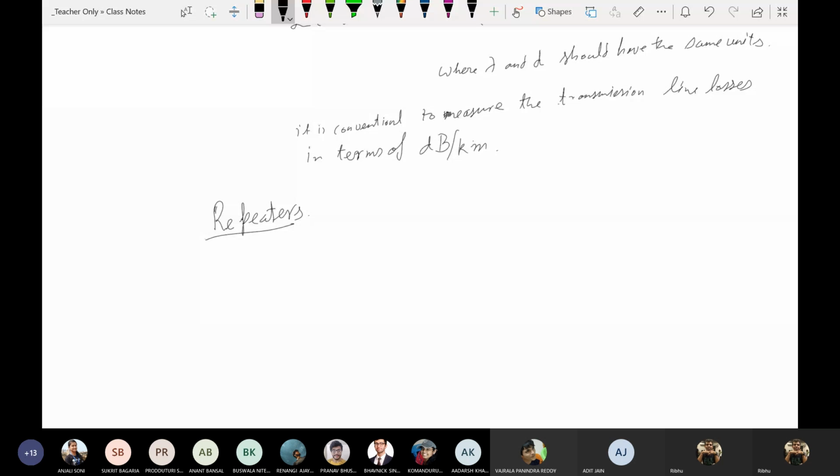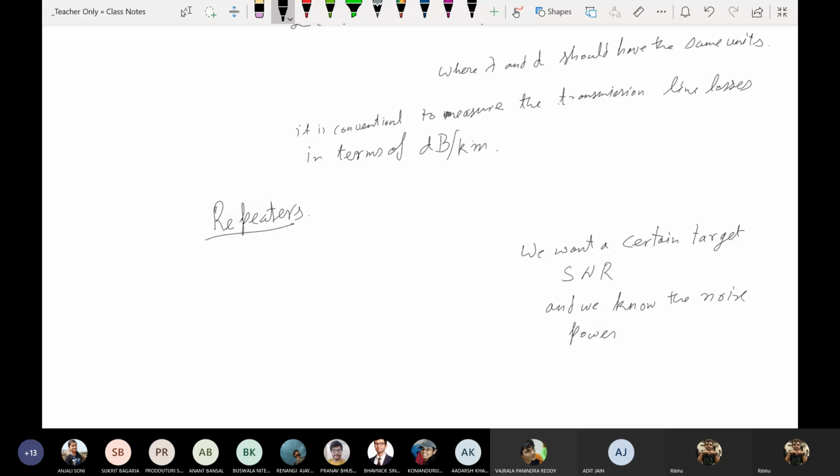So you say that at the receiver end, you know that you want a certain target SNR, and we know the noise power.